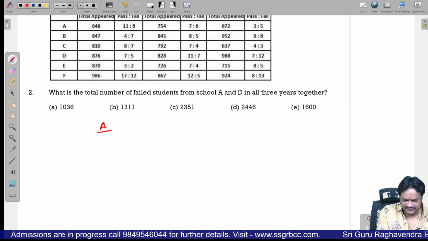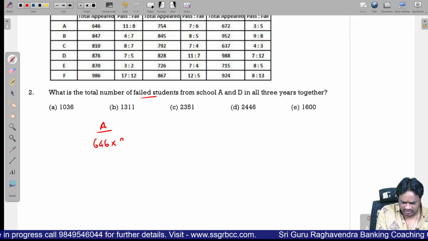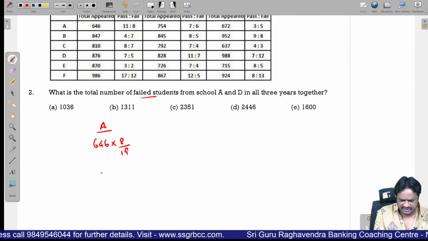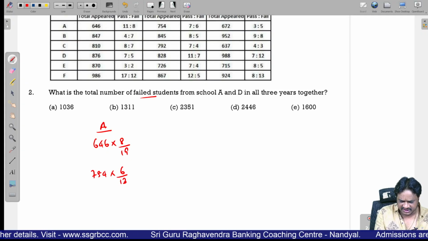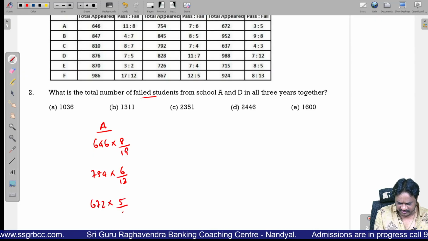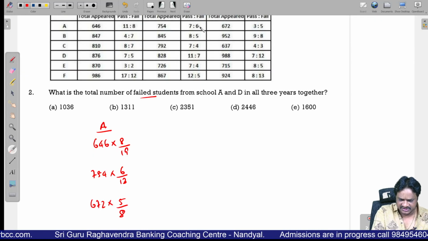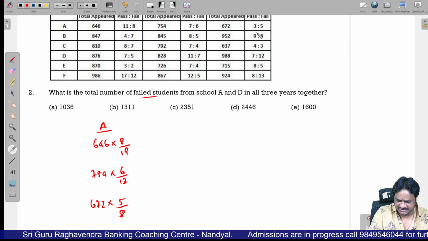First A. We have to calculate failed students. 646 into 8 by 19. The next one for 2011 is 754 into 6 by 13. Then it is 672 into 5 by 8.